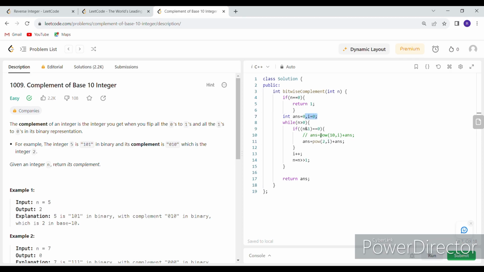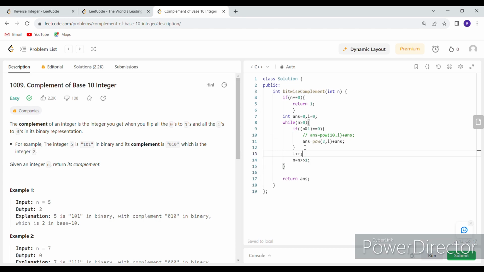If the first bit is 0, that is bound to be 1 after complement. So it will be 2 raised to 0 plus answer is 0, that is 1. 1 will get stored in answer. So we are finding the bit of that number, complementing it, and converting it in this small statement itself.